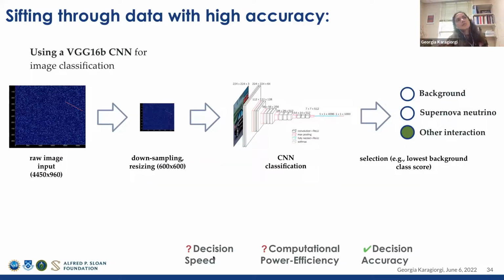So for this original study, we actually used a rather large network, a VGG16B, for image classification. Starting with the raw images, we downsampled them, resizing them from a 4450 by 960 pixel image to a 600 by 600 rectangular image before classifying it either in terms of six classes, or later on we devised a new scheme with just 3 classes: empty or background frames, supernova low energy rare events, or other high energy rare interactions.